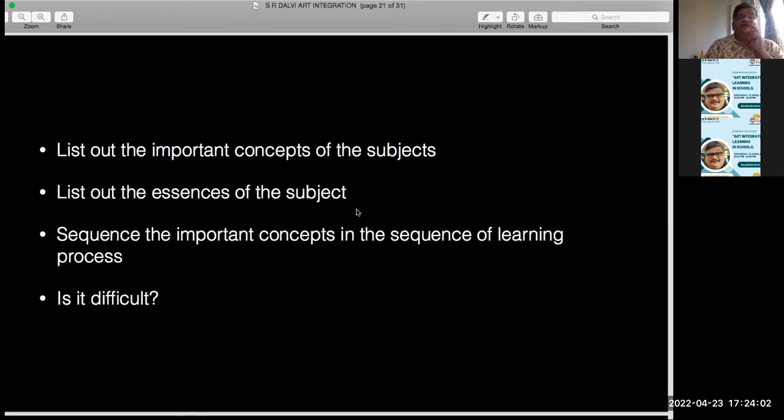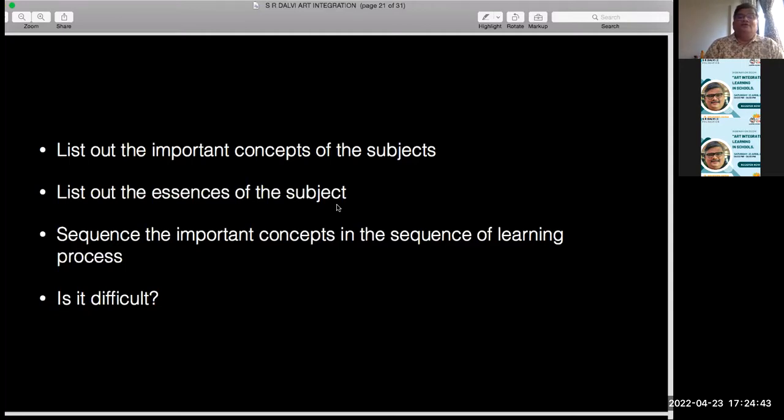Business studies focuses on how organizations operate, people, styles of management, strategies, etc. Yes, correct. So Aditi ma'am, these are the concepts you are listing down? Yes, sir. These are the concepts of the subject that I usually teach.